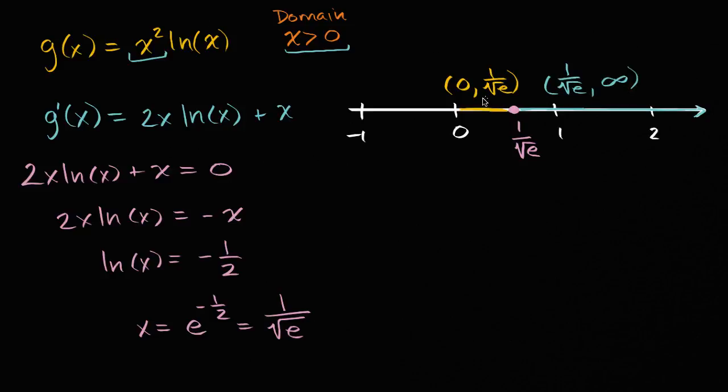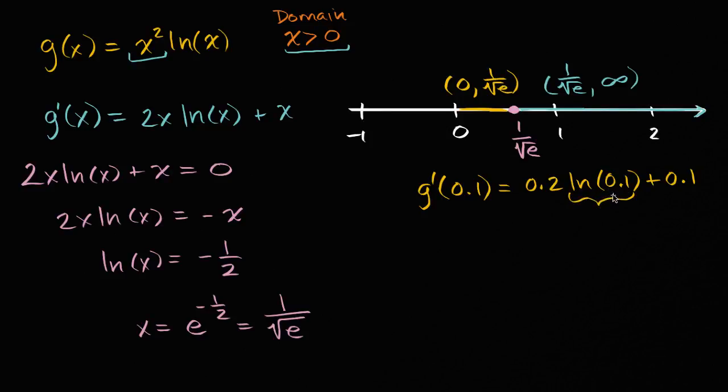So over that yellow interval, let's just try out a value that is in there. Let's try g prime of 0.1. g prime of 0.1 is definitely going to be in this interval. And so it's going to be equal to 2 times 0.1, which is 0.2, times the natural log of 0.1, plus 0.1. And this right over here is going to be a negative value.